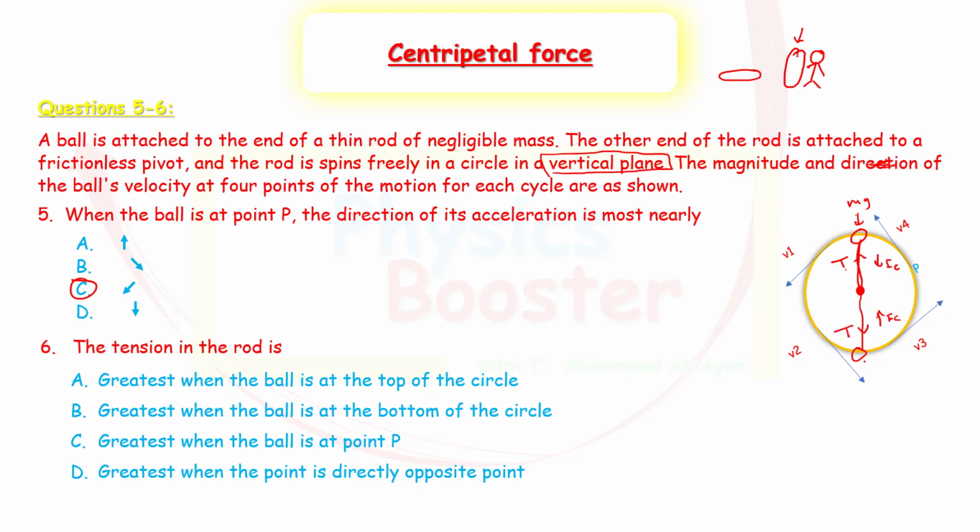So the tension is going downwards, and actually the weight is also going downwards because the weight always goes downwards. So the maximum tension in the cable will be at this point because both the tension caused by the centripetal force and the weight are going downwards. So we can say that the answer here is B, the greatest when the ball is at the bottom of the circle.